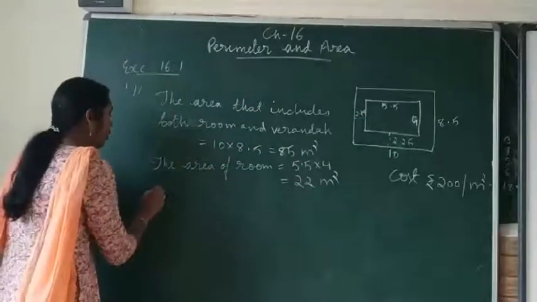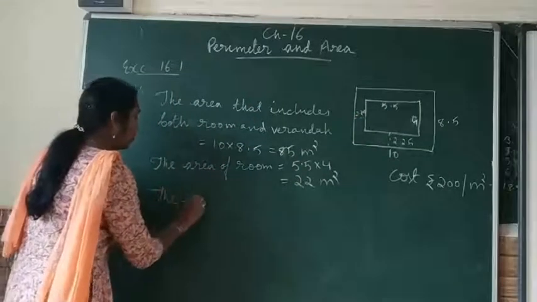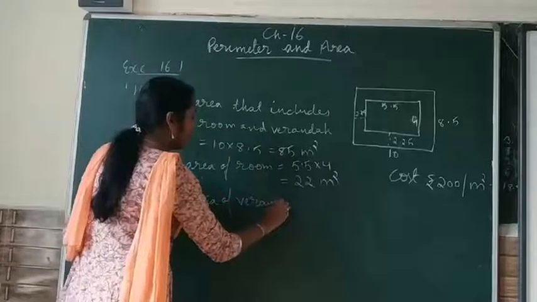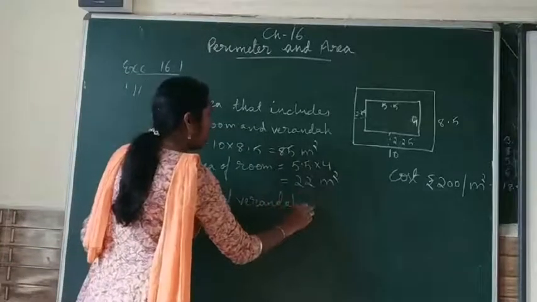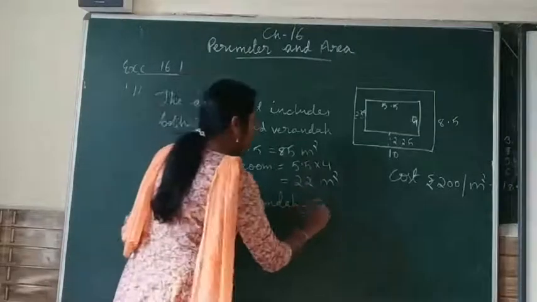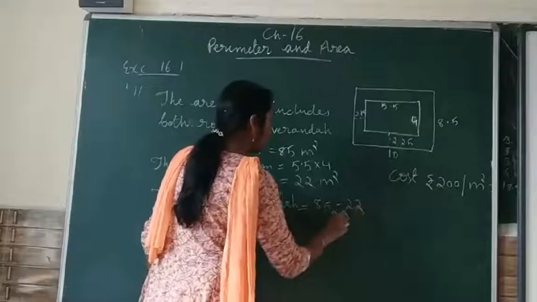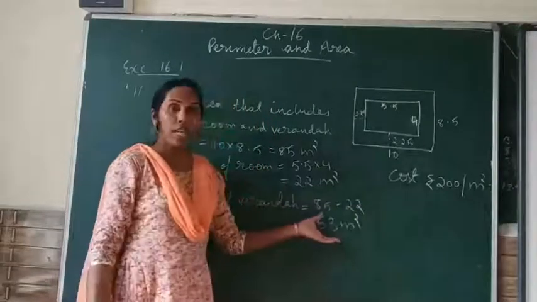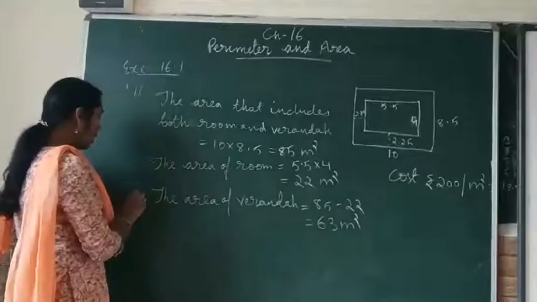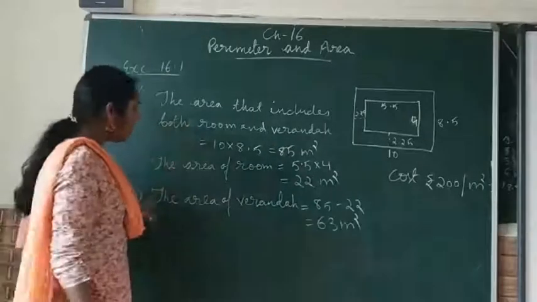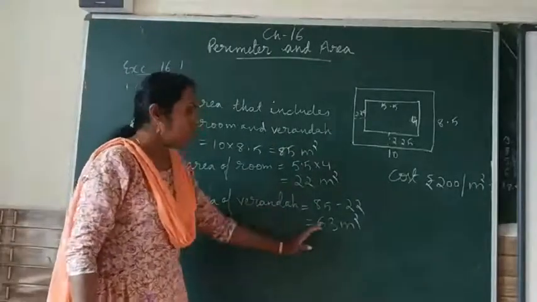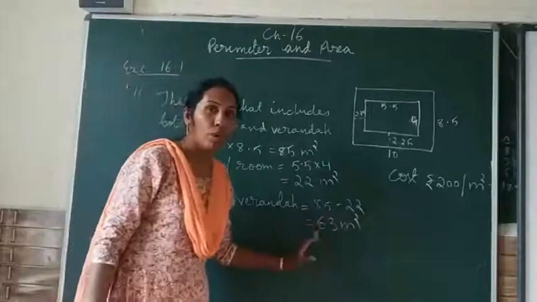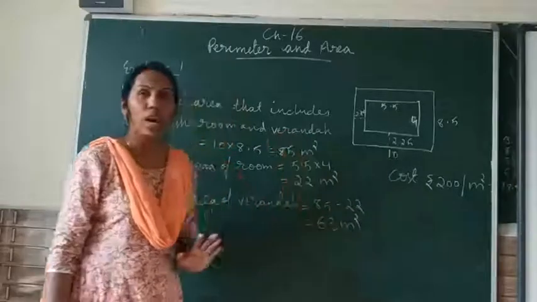Now we can get the area of only veranda by subtracting these two values. So the area of veranda is equal to 85 minus 22, that is equal to 63 meter square. So this is the area of the veranda. That's what is required in the first question. Then we have to also find out the cost of cementing the floor of the veranda at the rate of rupees 200 per meter square.